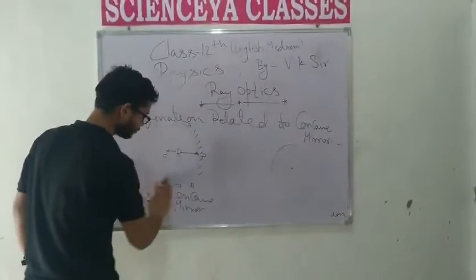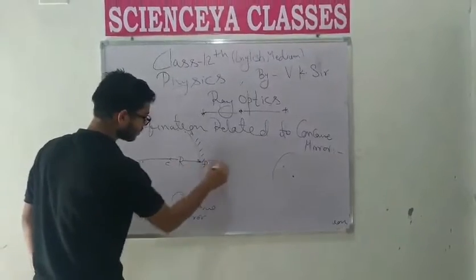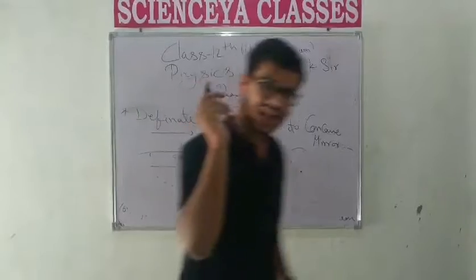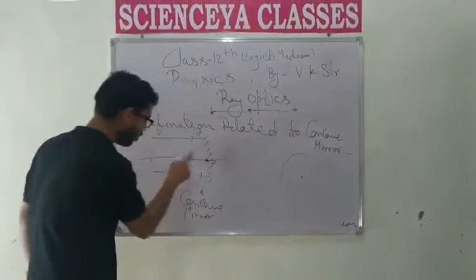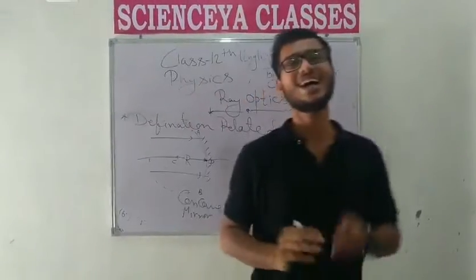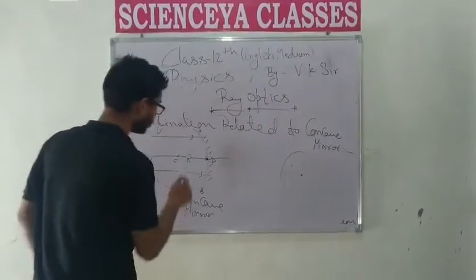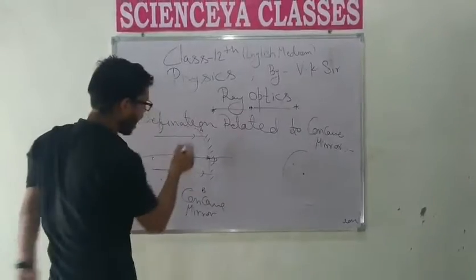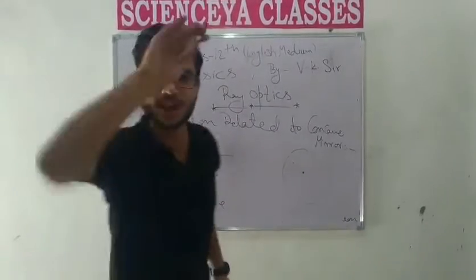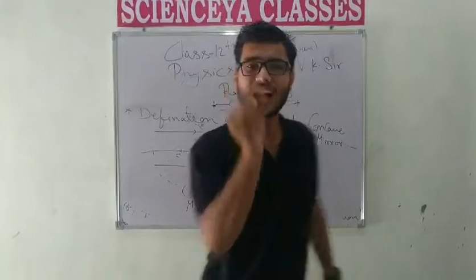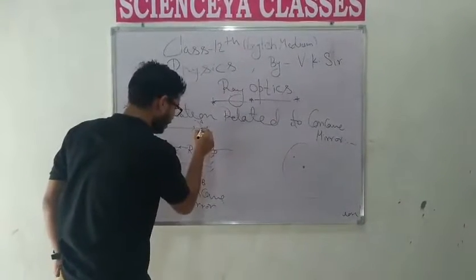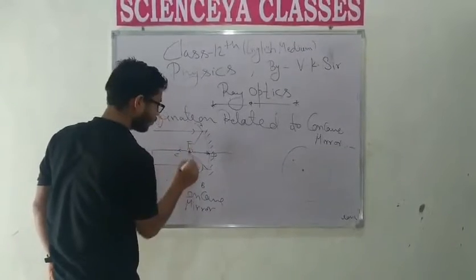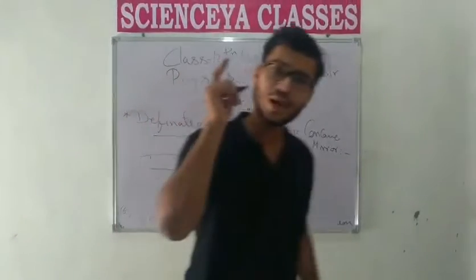The rays that are parallel to the principal axis, after reflecting from the surface of the concave mirror, pass through a single point, and that point is called the focal point or principal focus.